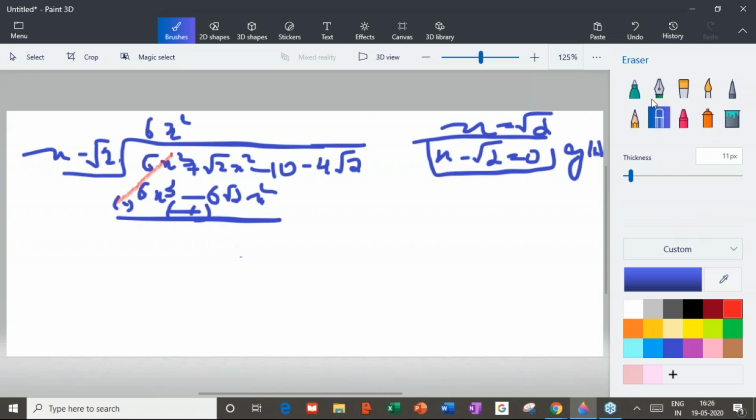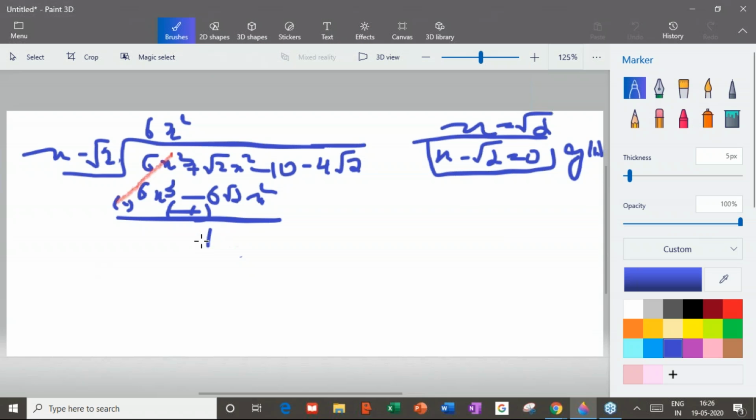Okay, this is plus, sorry, so this will be 6 root 2 plus root 2, that's 7 root 2 x square minus 10x. I forgot to write the x here. Now I need 7 root 2 x square, so I'm just going to multiply by 7 root 2 x.